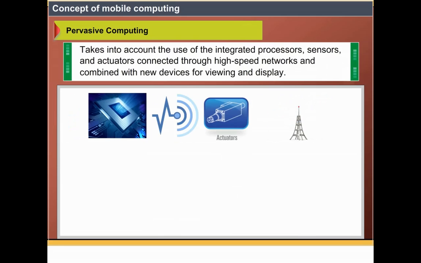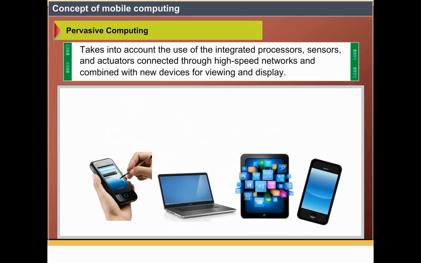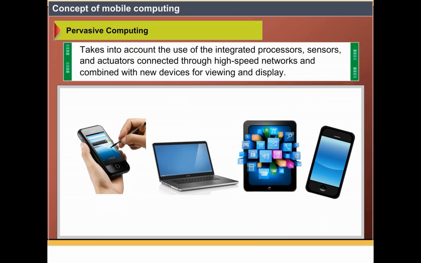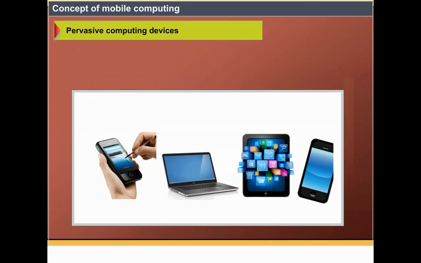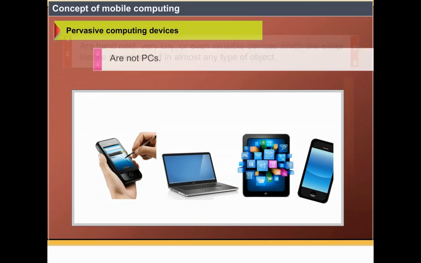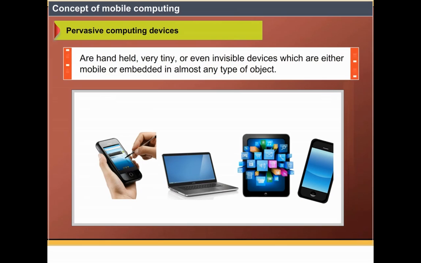Takes into account the use of integrated processors, sensors and actuators connected through high-speed networks and combined with new devices for viewing and display. Pervasive computing devices are not PCs or handhelds, but very tiny or even invisible devices which are either mobile or embedded in almost any type of object.